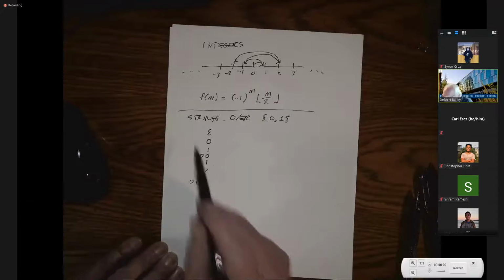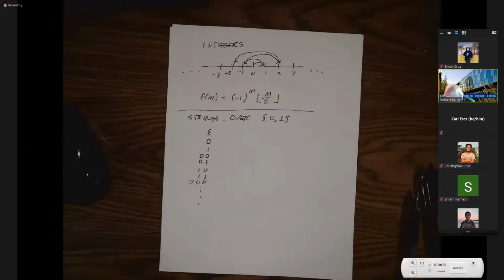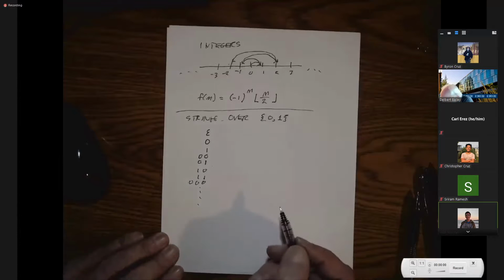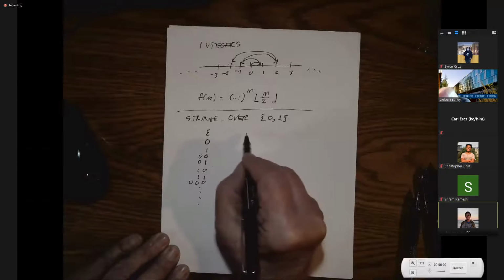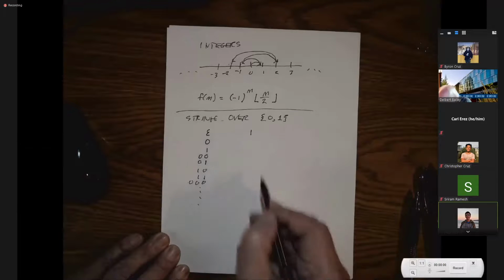So how do I put this in one-to-one correspondence with the natural numbers? Just start counting from the empty string all the way down. Let's do that this way. So this one we want to correspond to 1, right?